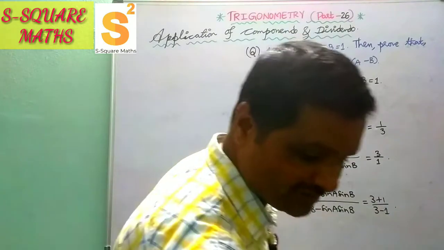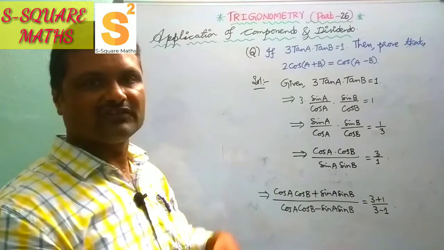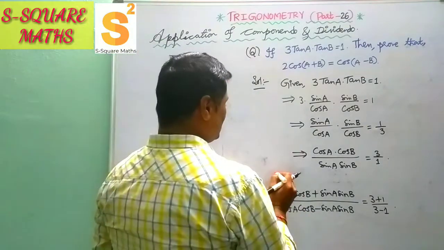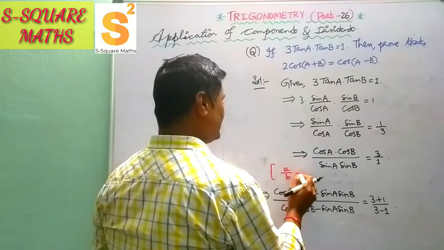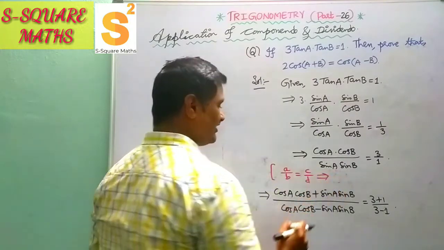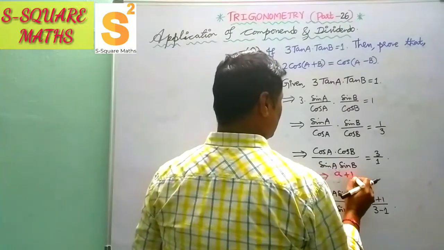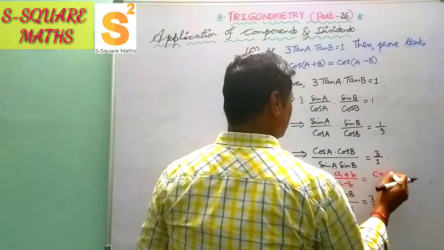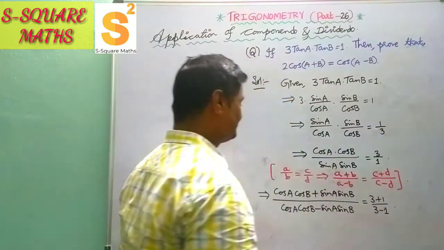So let me write the principle, because some of the slow learners lack componendo and dividendo, you can go through it. A by B is equal to C by D, implies by componendo and dividendo, A plus B by A minus B is equal to C plus D by C minus D. This has been applied.